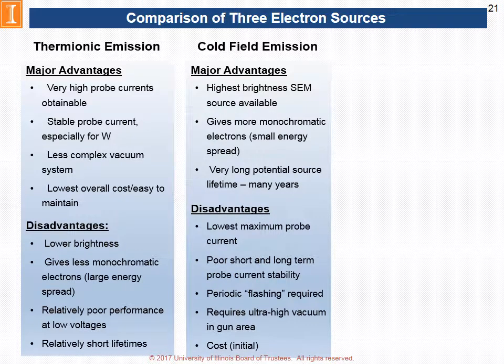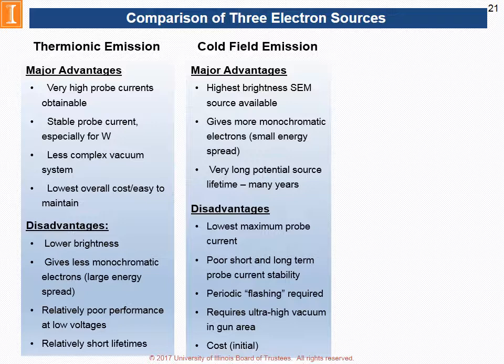Cold field emission gun is kind of the opposite of the thermionic source gun. It has higher brightness, which is good for ultra-high resolution imaging, and the electrons emitted have a smaller energy spread, which means it gives more monochromatic electrons, and it is very good for low voltage imaging.